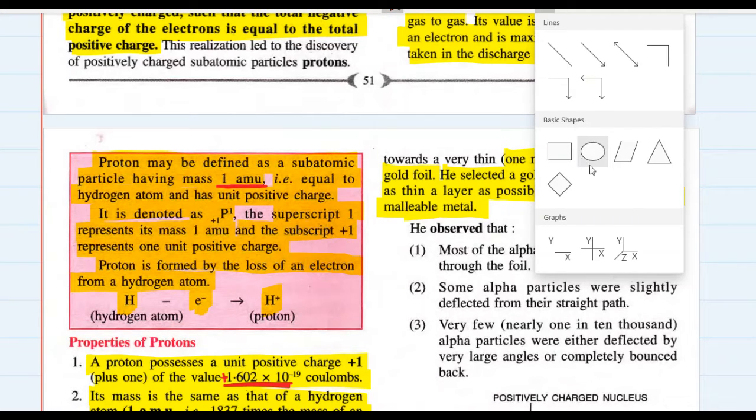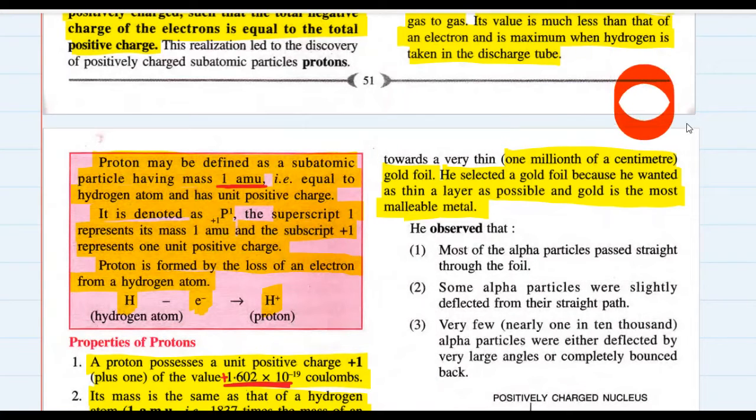If the atom is round with positive charge, and there are negative charges, electrons, scattered inside the atom.